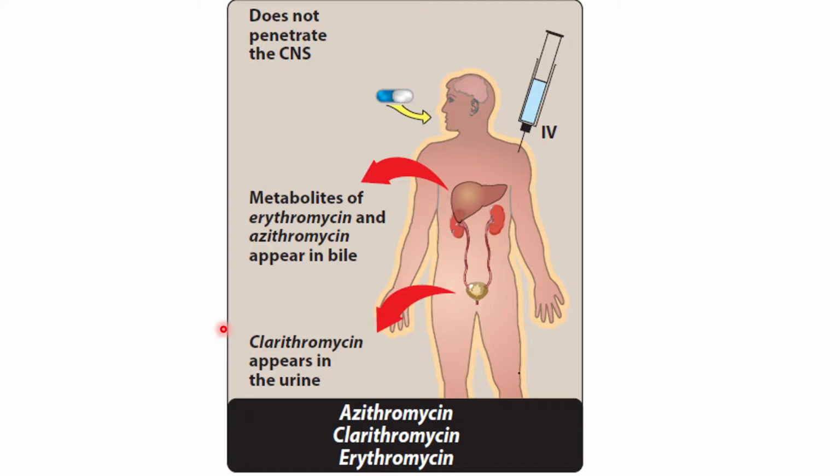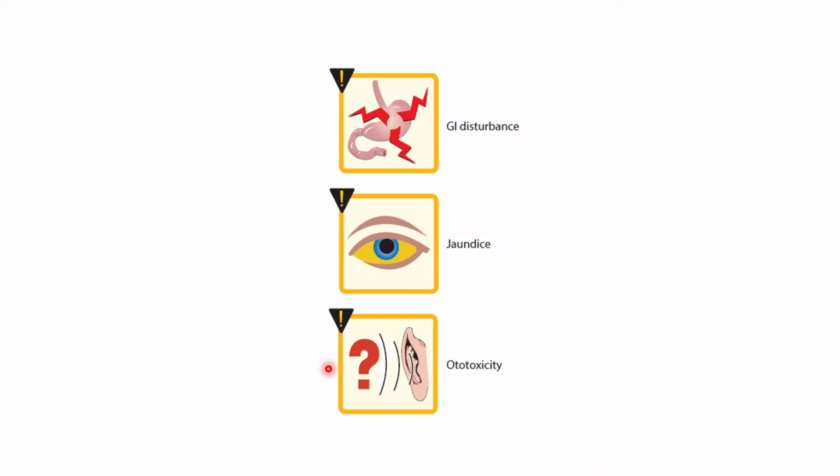Clarithromycin is actually the most expensive of these drugs and the most commonly used of them. The adverse effects also include ototoxicity, like the previous group, and also jaundice and GI disturbances if used orally, and if intravenous there can also be GI disturbances. Jaundice can be seen in patients that are predisposed to jaundice.